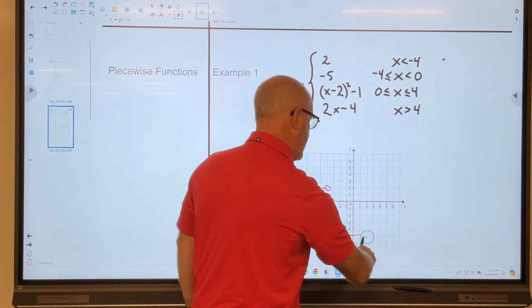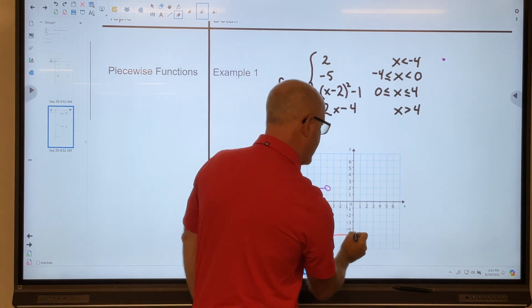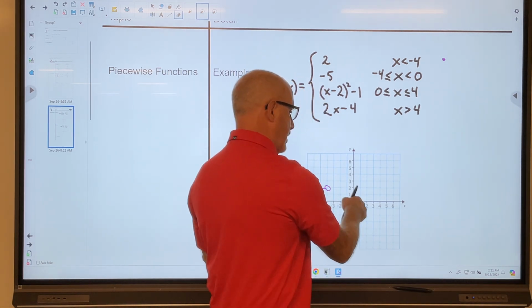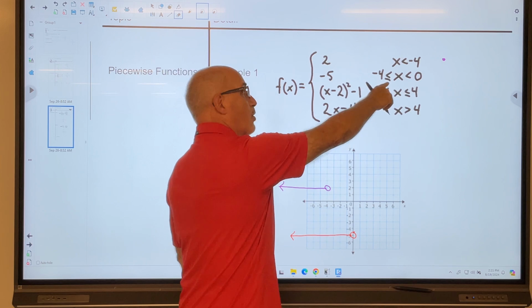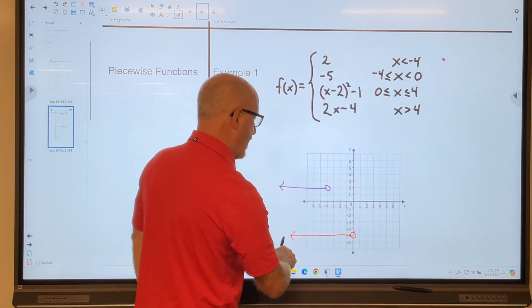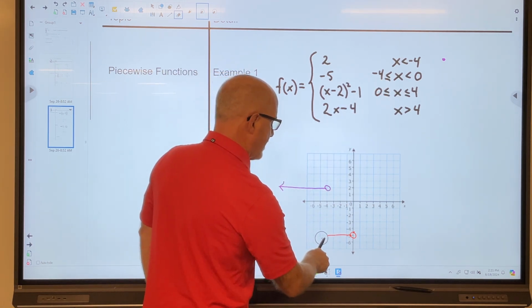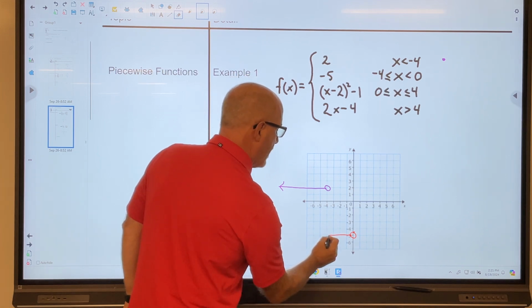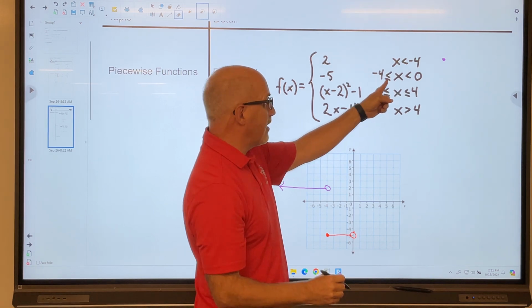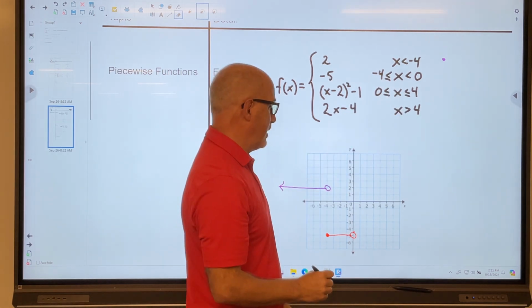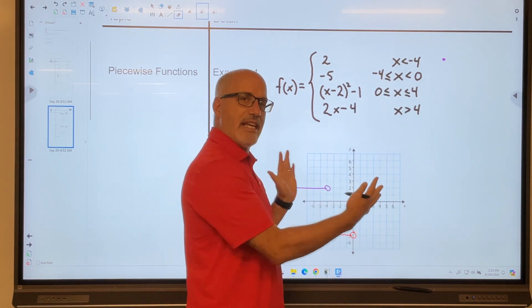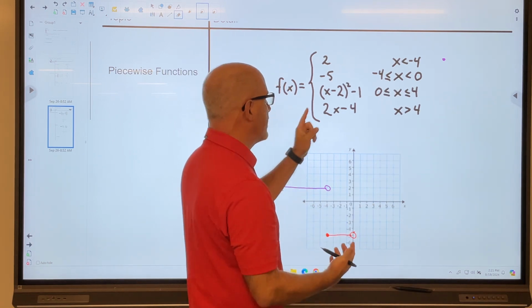So let's stop here at 0. This is x equals 0. Notice x equals 0 right there. Let's go to negative 4 on the other side. So it's going to erase on this side and stop at negative 4. And this one includes that point at negative 4 because of the or equal to.